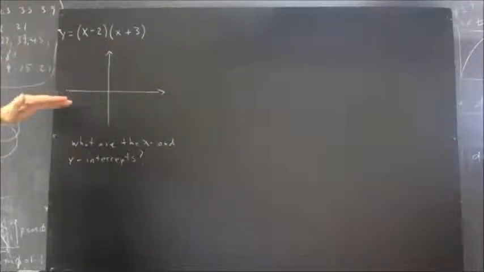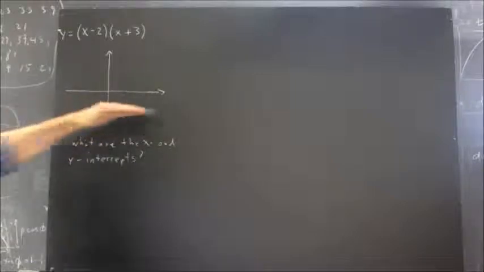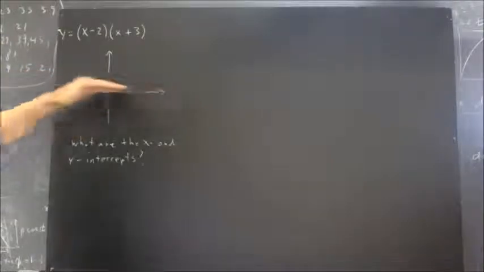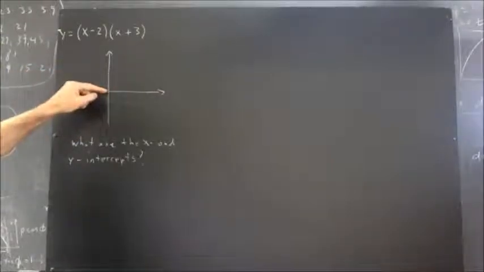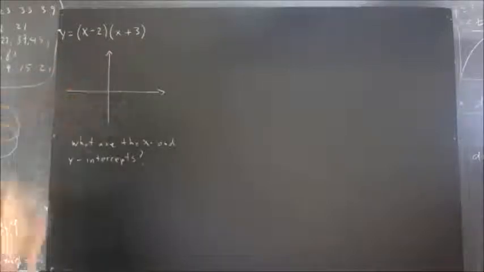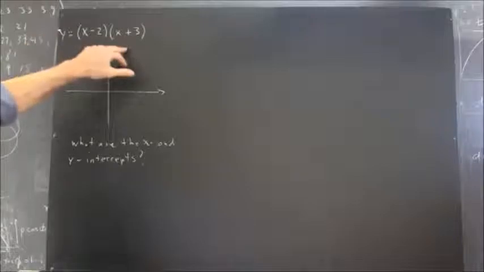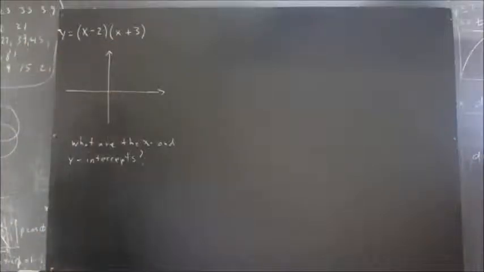If the y-coordinate is negative, you're on a line below the x-axis, but right in the middle, the perfect spot, you're on the x-axis, and that occurs when y equals 0. The y-coordinate is 0. So what are the x and the y-intercepts of this graph? See if you can figure that out while I write a couple of things down here.